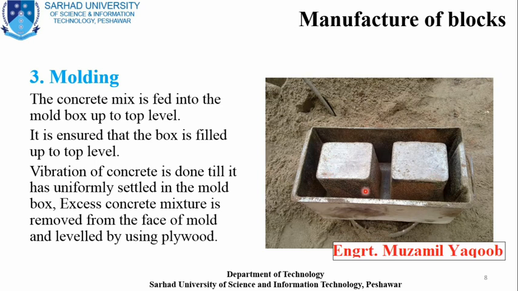And it can be changed according to the requirement. It varies size to size and region to region. In Pakistan normally we use 8-inch by 12-inch blocks. It also depends on the requirement of your construction work as well.